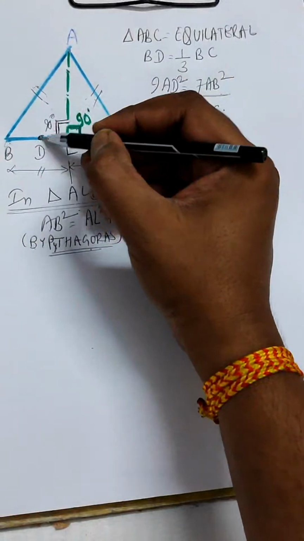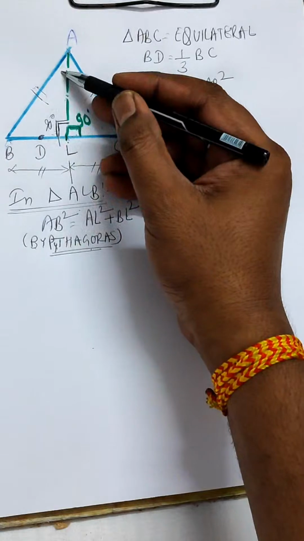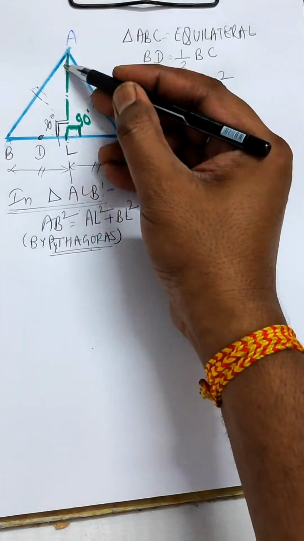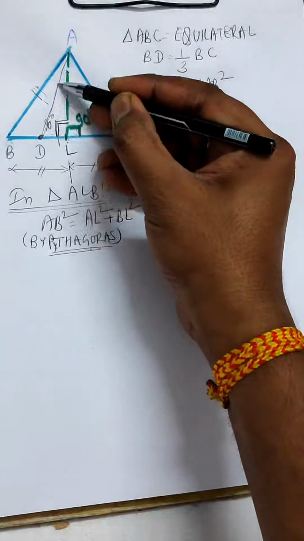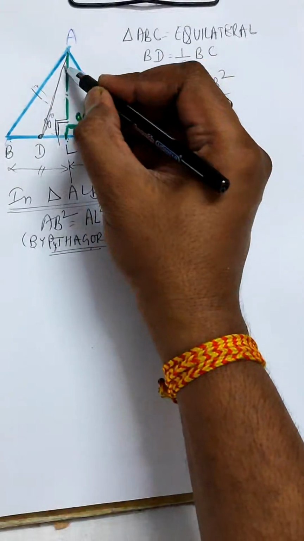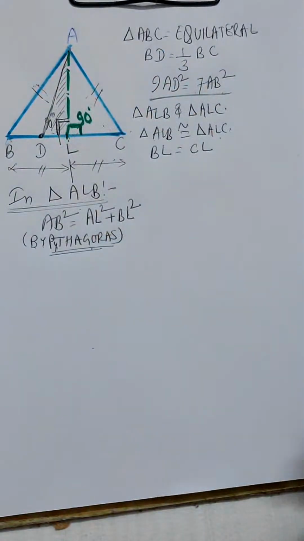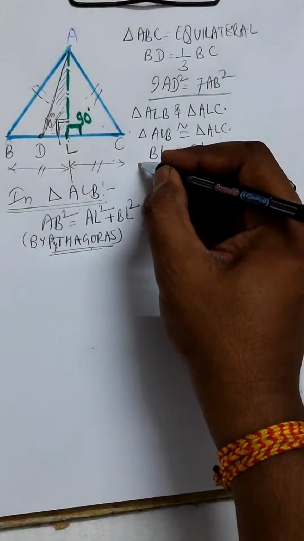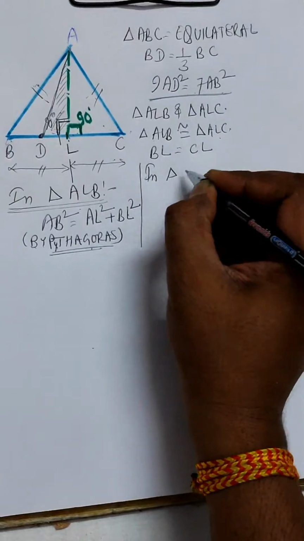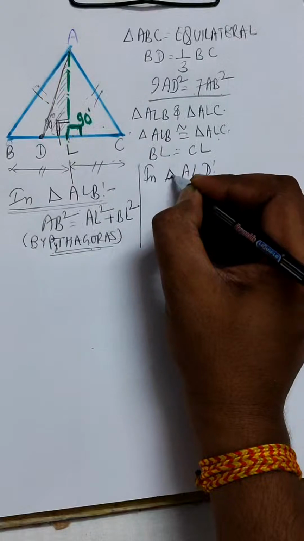Similarly, if we connect A to D here, then this is also a right angle triangle. That means triangle ALD is also a right angle triangle.